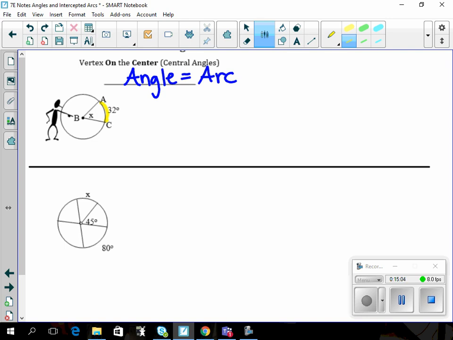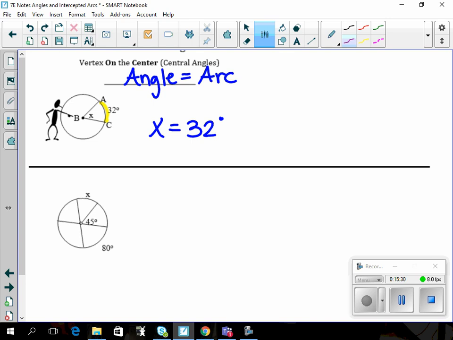The curvature of the arc is the measure, okay, not the length, the degree measure. The angle is the same if it's a central angle as the arc. So what would x be here? X would simply be 32 degrees. Nothing more, nothing less. Not trying to make it hard. It just is what it is.